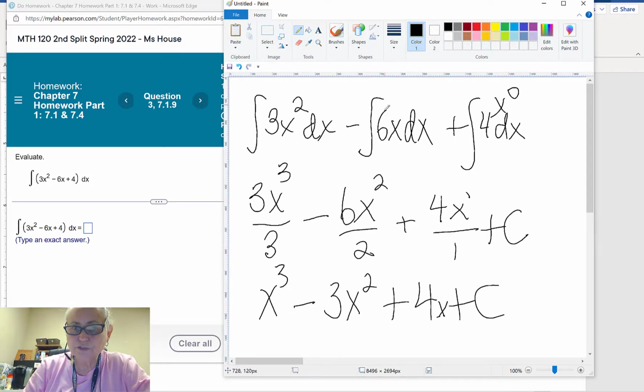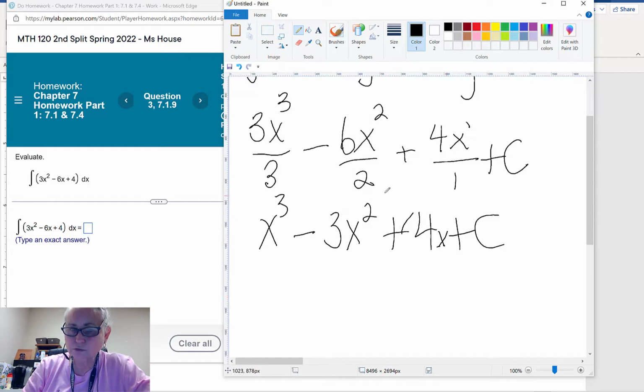It should give us this function here whose derivative has been taken. So remember, power times the base, power minus 1 would give me a 3x squared. Power times the coefficient would be 6, minus 1 would give me 6x. This 4x, the derivative would be 4, and then plus c.